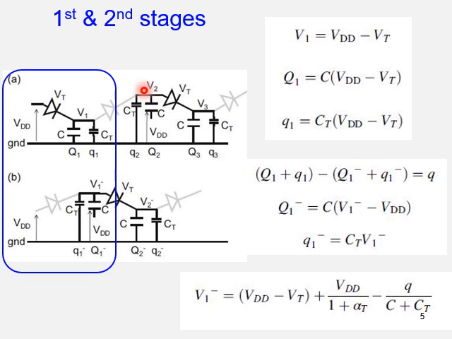So the slow switching limit, or very low frequency condition, indicates that the diode turns off by the half clock. And therefore, after half a clock, this voltage goes up to VDD minus VT.